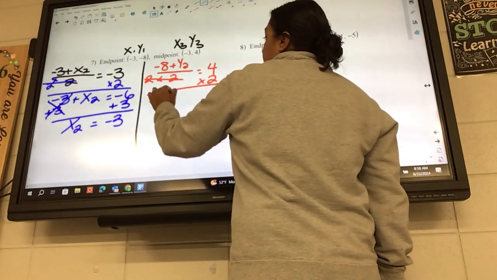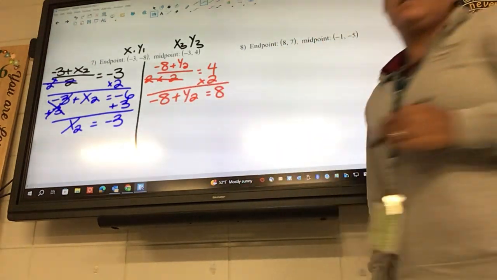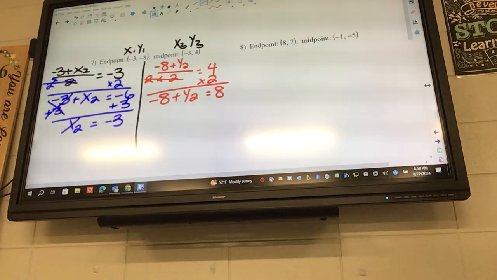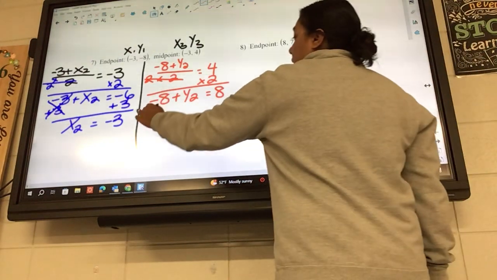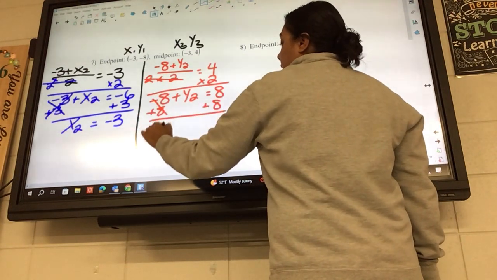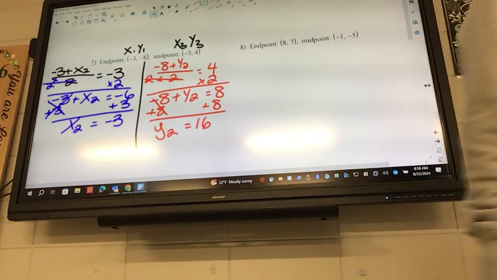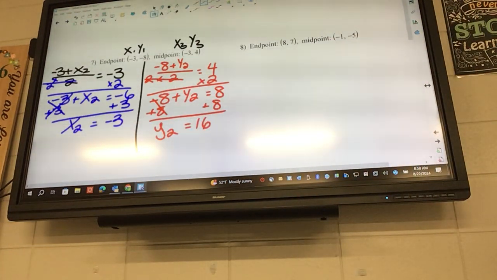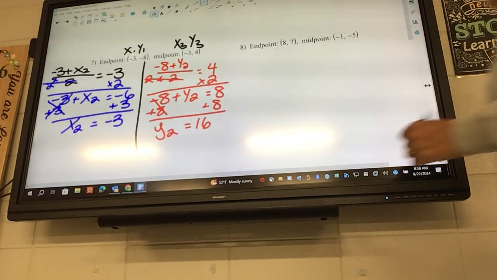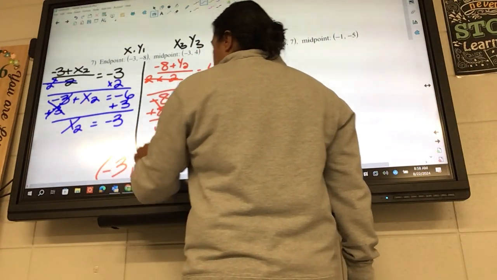So we get -8 + y2 = 8. Then we're going to add 8 on both sides. So we get y2 = 16. Okay, so we get (-3, 16).